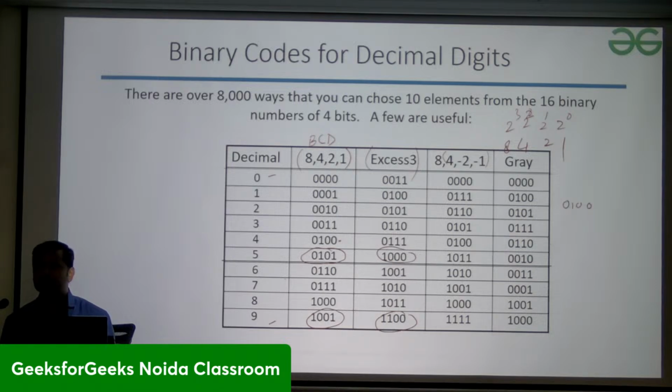Gray code is computed as follows: place the MSB as it is, and then add each two adjacent terms. 0 plus 1 is 1, then 1 plus 0 is 1, then 0 plus 0 is 0. So for the value 4, the gray code is going to be 0, 1, 1, 0.